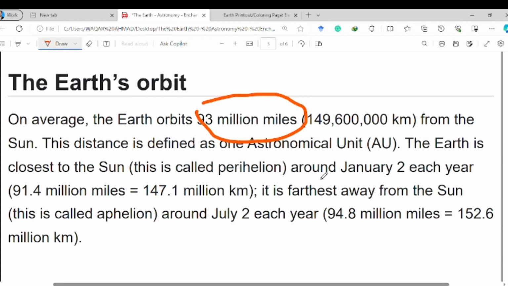When it is farthest away from the Sun, the terminology used is aphelion. In the Milankovitch cycle, when the Earth is closest to the Sun, it has a greater chance to take more energy from the Sun, increasing the temperature of the Earth.